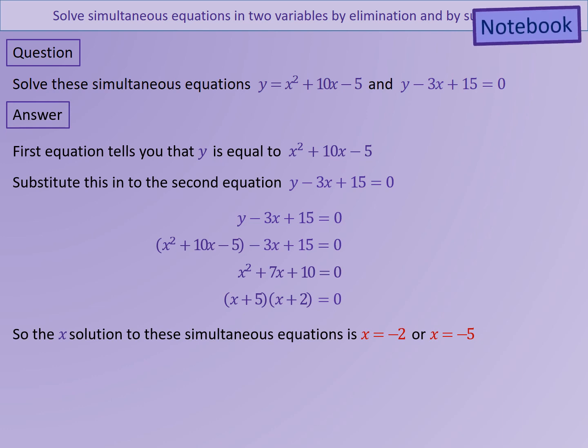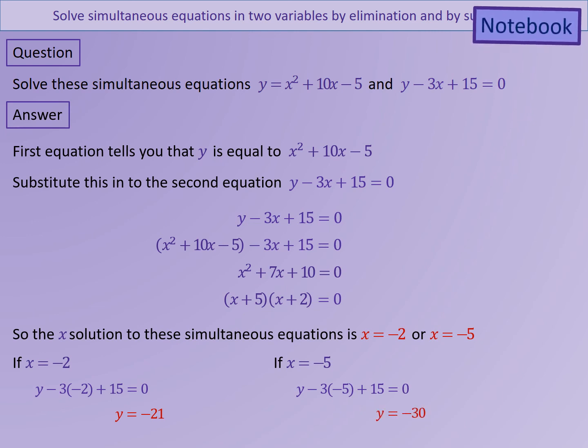But of course that's not the end. I have to find the y value for each of those x values. So if x is minus 2, and I can put this into any of the two equations to find y, it turns out that y is minus 21. And if x is minus 5, it turns out that if I place that minus 5 into the second equation, I get a value for y of minus 30.